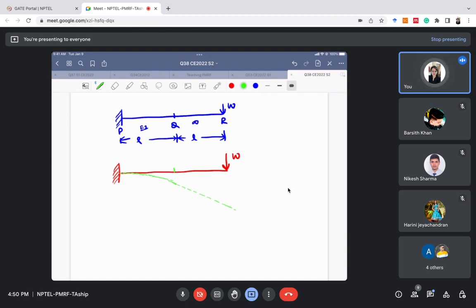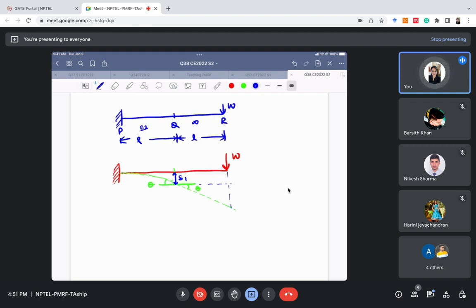Now how do we calculate this? Up till point Q it will bend. Let's see how we will calculate it. Let's call this angle theta. Since this angle is theta, this angle will also be theta. Let's name everything first. Let's call this deflection delta 1.